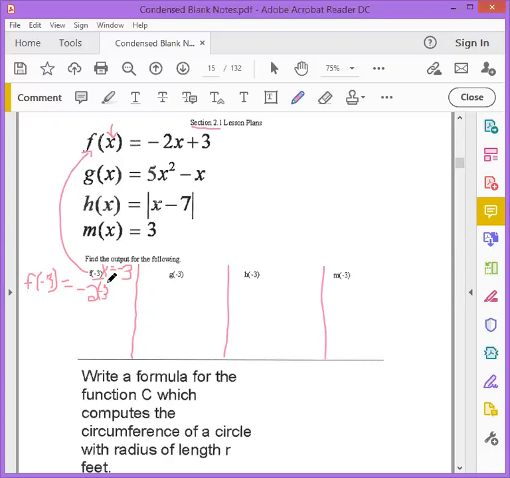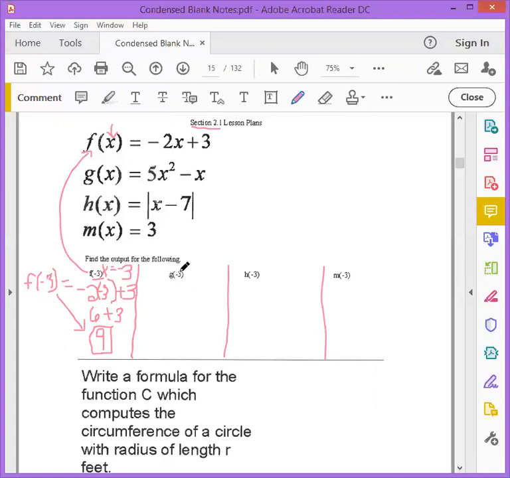So we'll put the -3 in parentheses, plus 3 at the end. And then we want to continue to simplify. -2 times -3 gives us +6. Plus 3, so the value of the function when x is -3 would be 9.